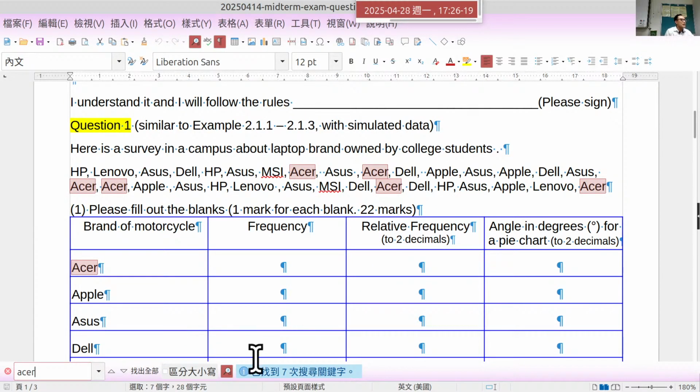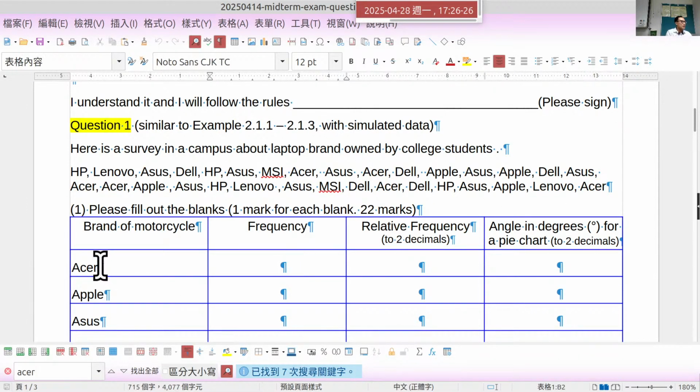Okay, and it means there are 7 times: 1, 2, 3, 4, 5, 6, and here is 6 because you cannot count that one on the table.